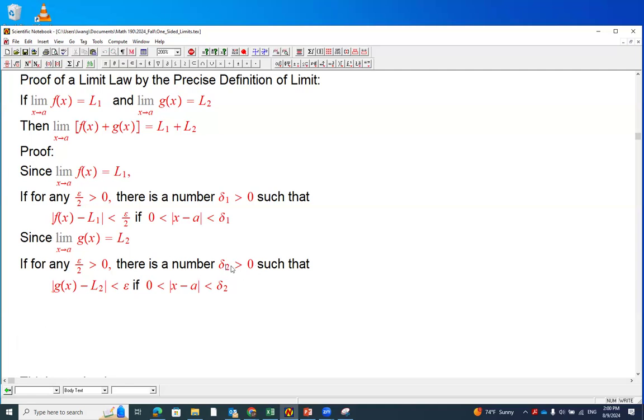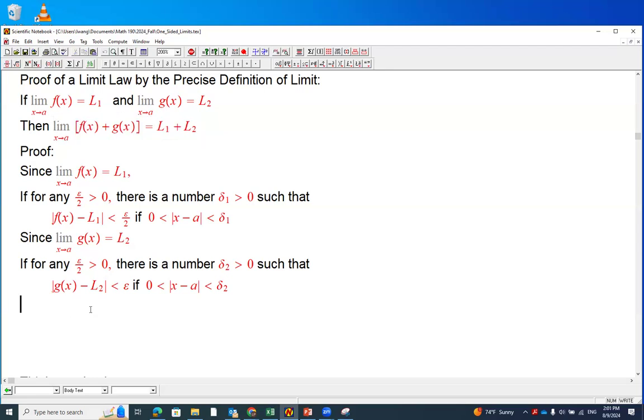So for any epsilon over 2 greater than 0, there's a delta 1 such that this is true. For any epsilon over 2 greater than 0, we're going to have delta 2 greater than 0 such that we got this. But we need to prove this piece has a limit, which is L1 plus L2.